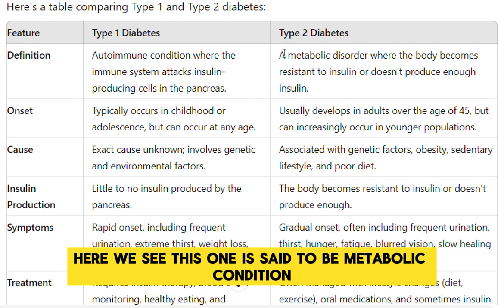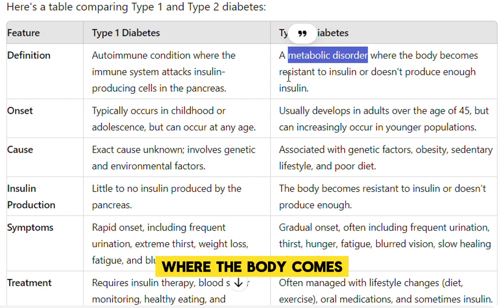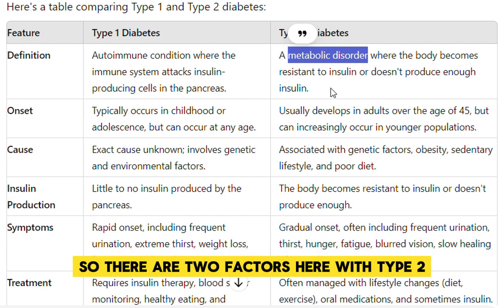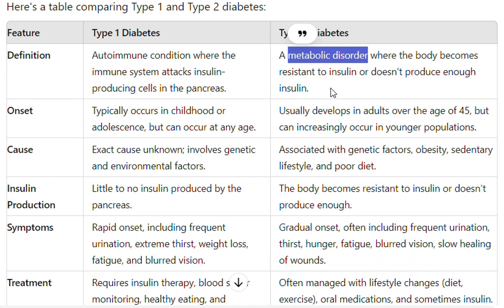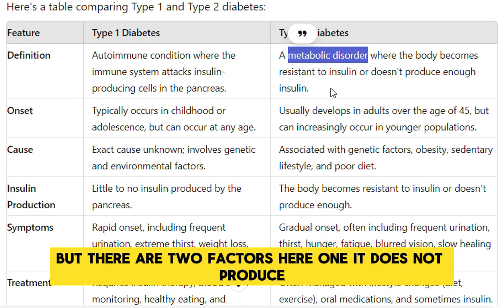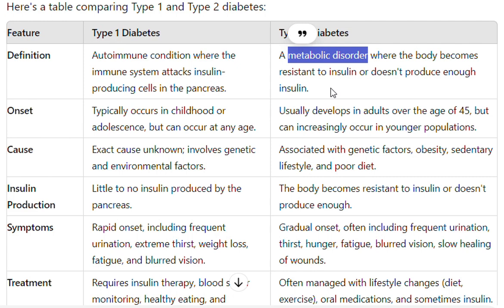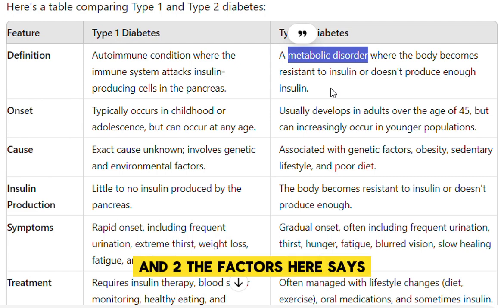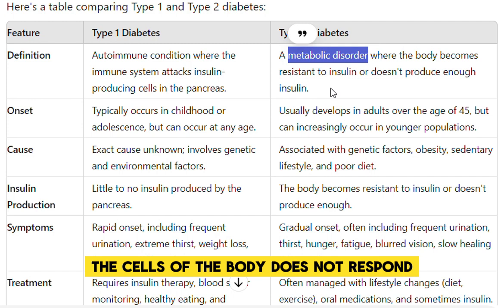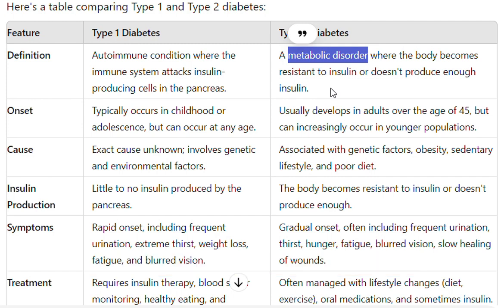Here we see this one is said to be the metabolic condition, where the body becomes resistant to insulin or does not produce enough. So there are two factors here within type 2, and maybe that's why they call it type 2. I know that's not what they call it, but there are two factors here. One, it does not produce, and two, the cells of the body do not respond.